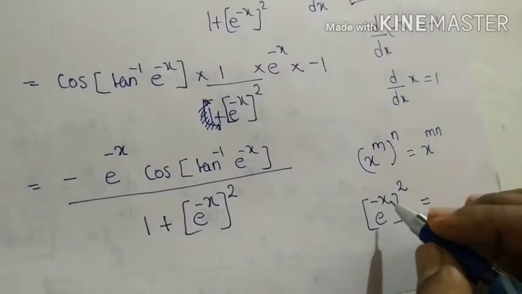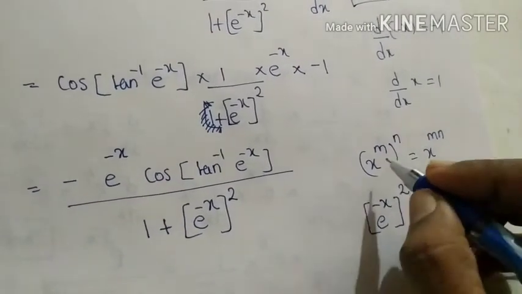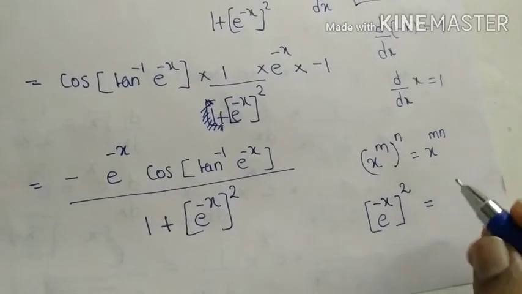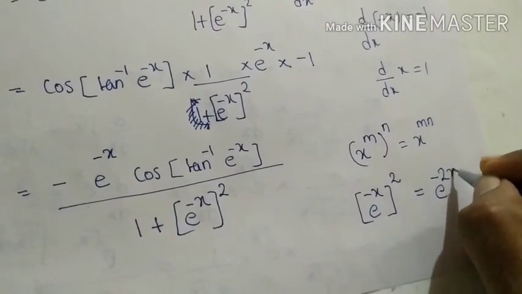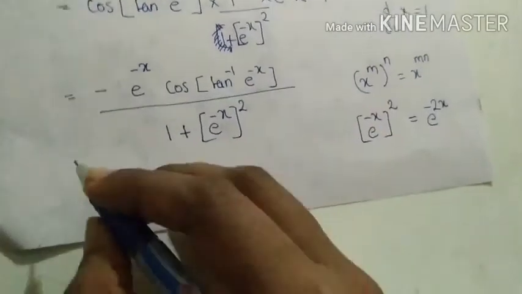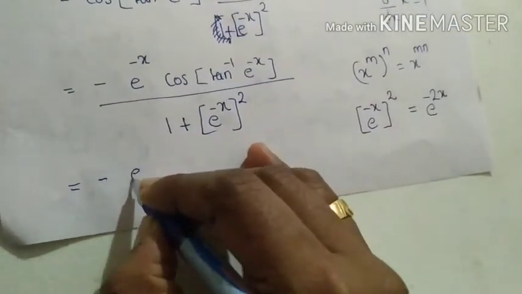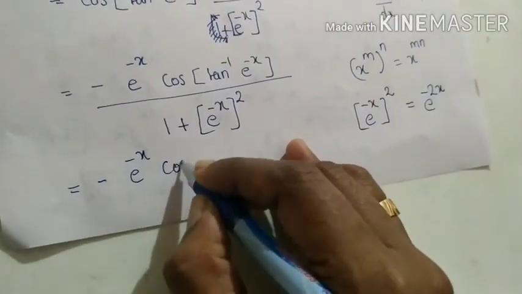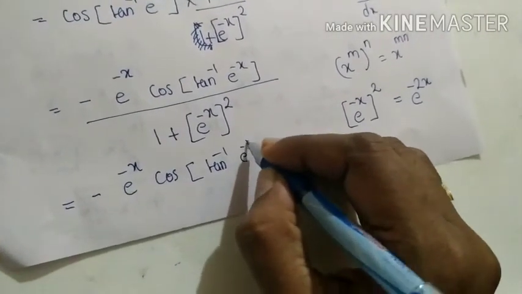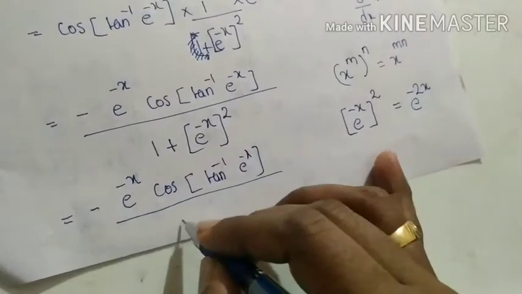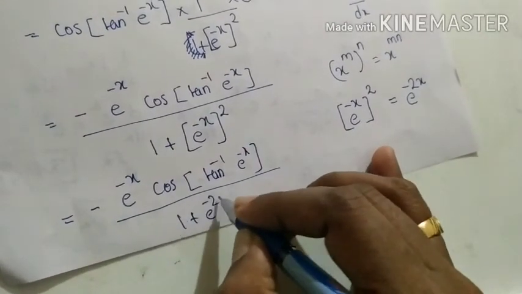So e raised to minus x all square, by using this law of exponent, becomes e raised to minus 2x. So in the last step, I am going to write the denominator as 1 plus e raised to minus 2x.